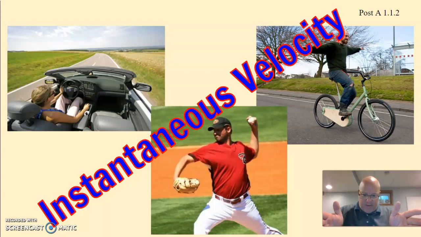And instead of taking those time intervals to be like 0.5 of a second, we take those time intervals to be 0.0001 of a second. If those time intervals are short enough, then the average velocity of the object starts to take on an instantaneous velocity.